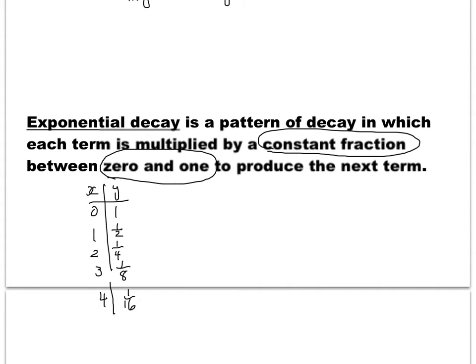You can see that the ratio of 1/2 over 1 is 1/2. 1/4 over 1/2 is 1/2. 1/8 over 1/4 is 1/2. 1/16 over 1/8 is 1/2. You can see that the ratios here are a number between 0 and 1. This represents an exponential decay.